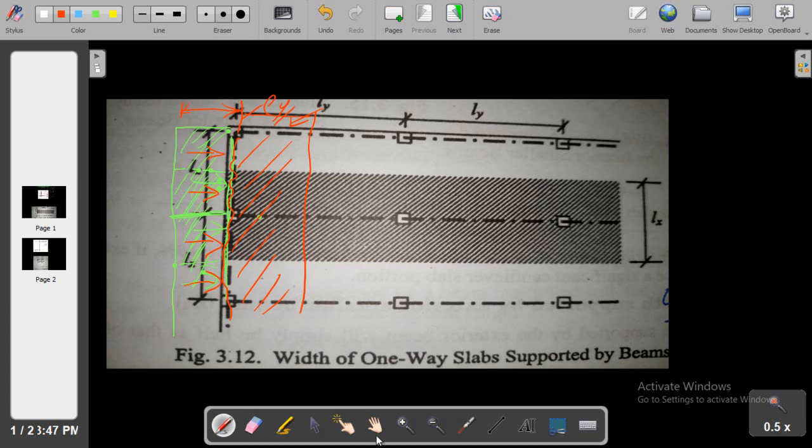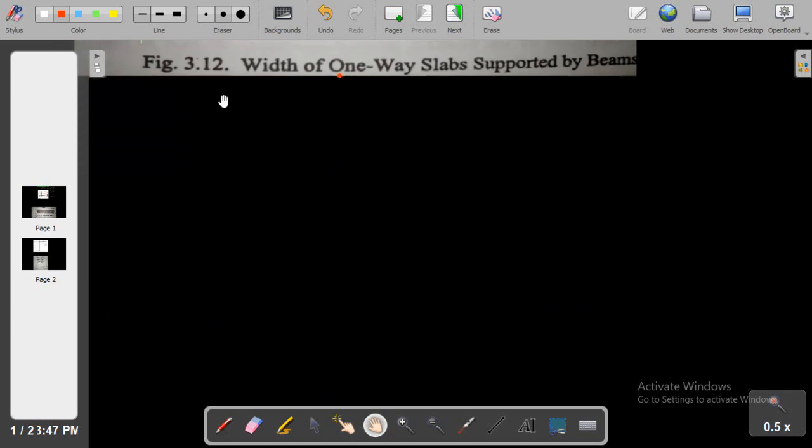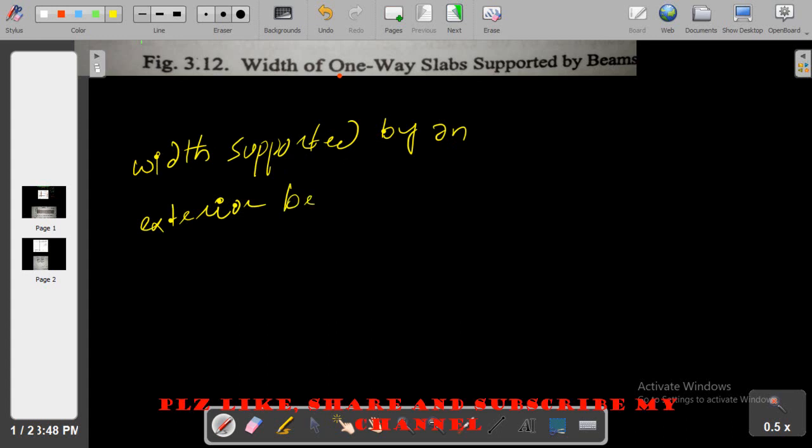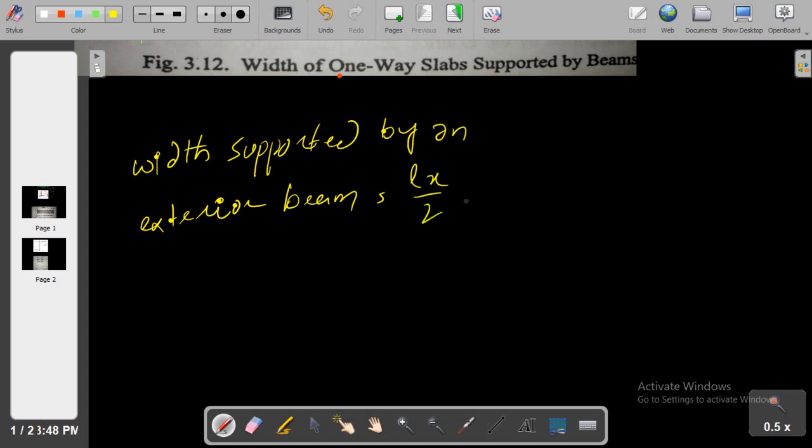So the formula for a one-way slab system, the width supported by an exterior beam, will be equal to Lx divided by 2 plus the cantilever portion, if any.